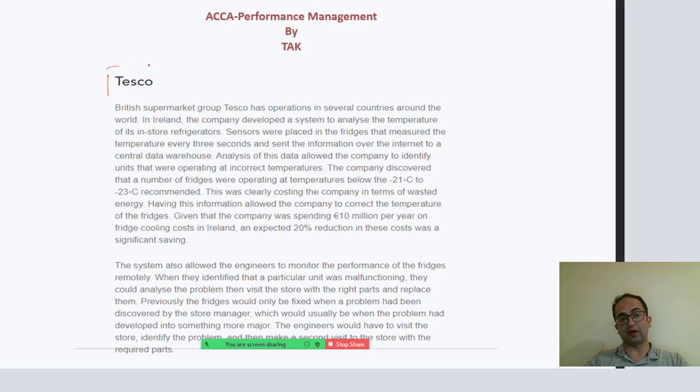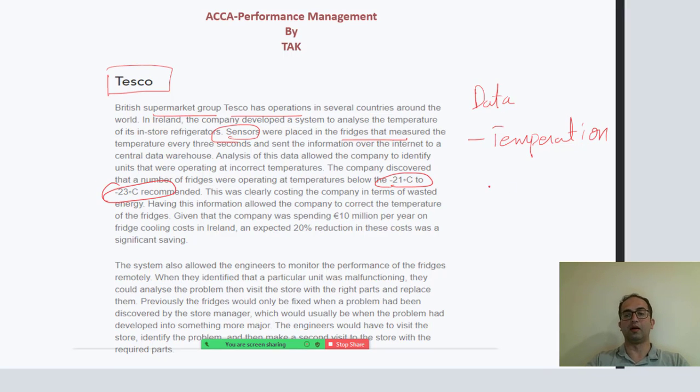You would be knowing that Tesco is one of the supermarket groups in America and the US. What they did, they placed sensors in the fridges, and they were just collecting data for what? Temperature of the fridge. And they found that the recommended temperature range is 21 degrees to 23 degrees, but certain refrigerators were cooling at like minus 15, minus 17. So obviously this cooling requires a lot of energy.